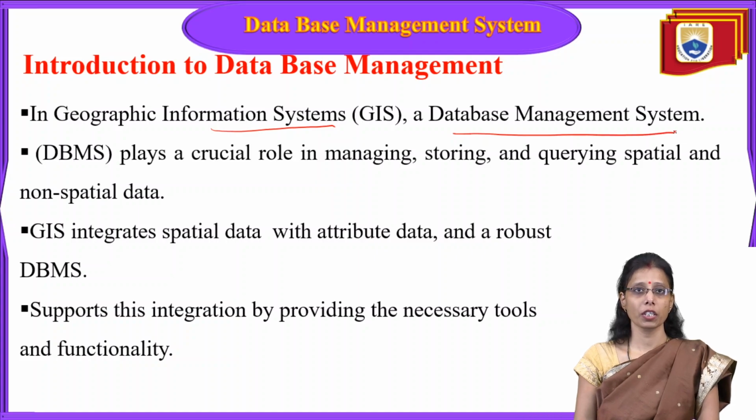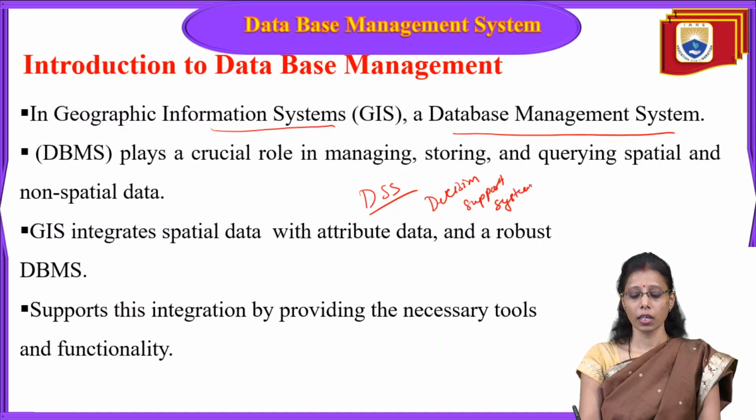GIS, Geographical Information System, is basically a database management system. We can also call it a decision support system, DSS, because it gives us the information that helps us take a final decision. For example, if a city has to be planned, decision makers and planners are totally dependent on spatial and non-spatial information and the surroundings.